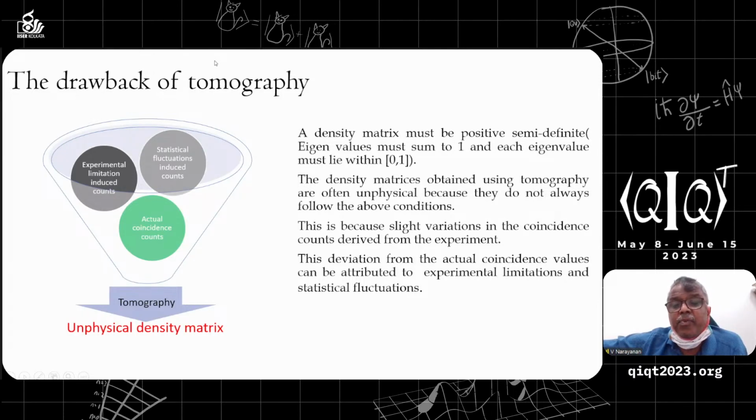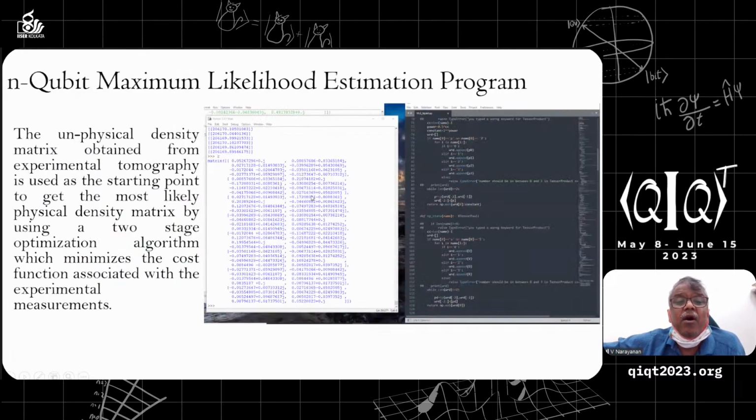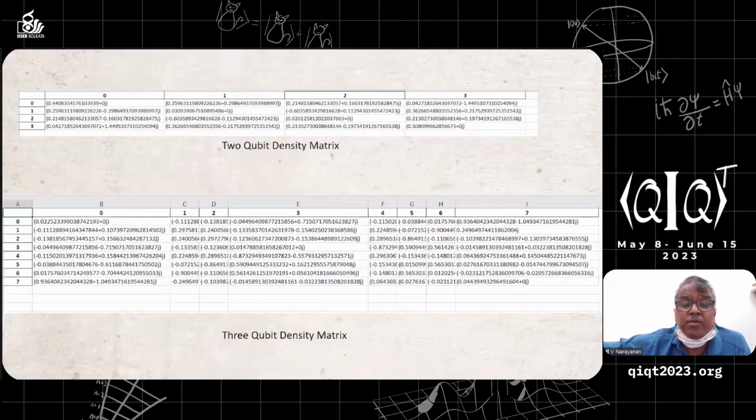So from the tomography one gets experimentally, to get a physical density matrix, one uses in this domain what is called the MLE, or the maximum likelihood estimator. To go from an unphysical density matrix to a physical density matrix, one uses the MLE, which uses something called a cost function. Locally, the graduate students and master students developed the MLE for the various 2, 3, 4 qubit cases.